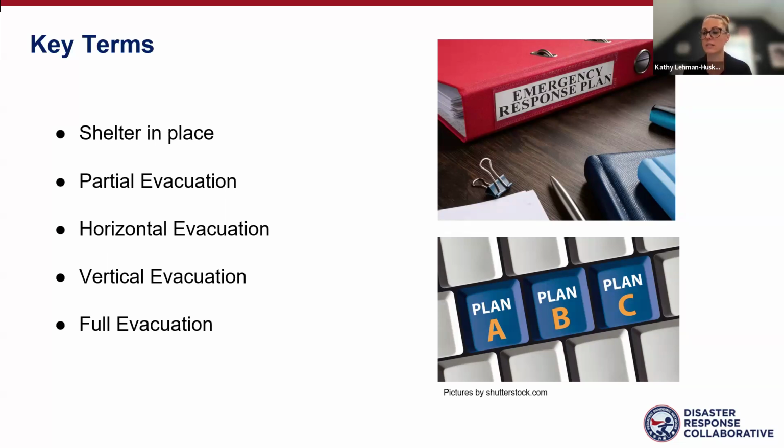So first is very simple: full versus partial, and emergent versus controlled. As you can imagine, full means you have to empty the whole hospital, versus partial, where you do not. And emergent is we are in a dire situation and we've got to go, versus controlled, where an event has happened and we determine we do need to go, but we can take a little bit more time to have it occur.